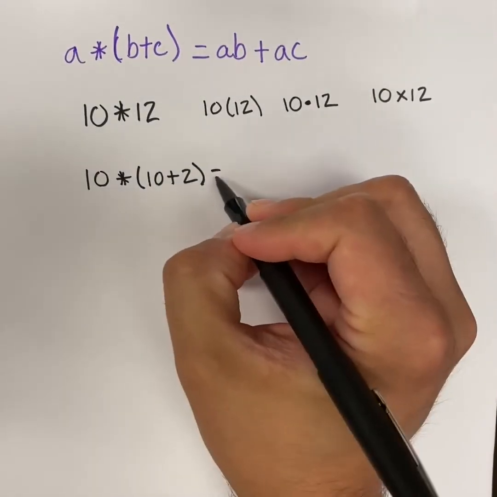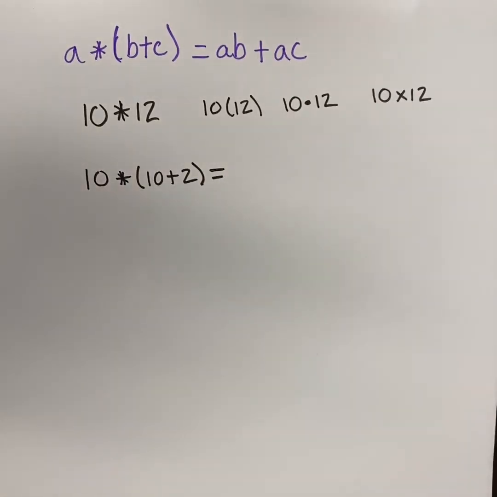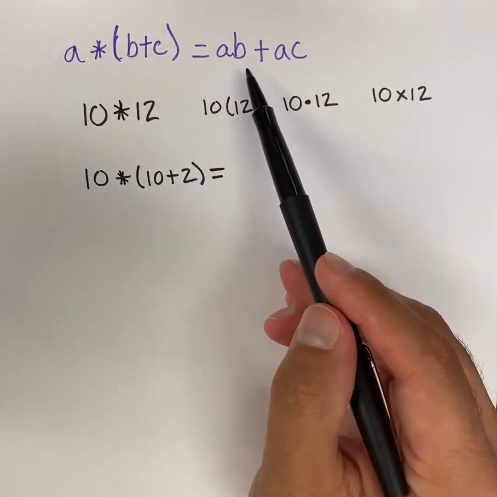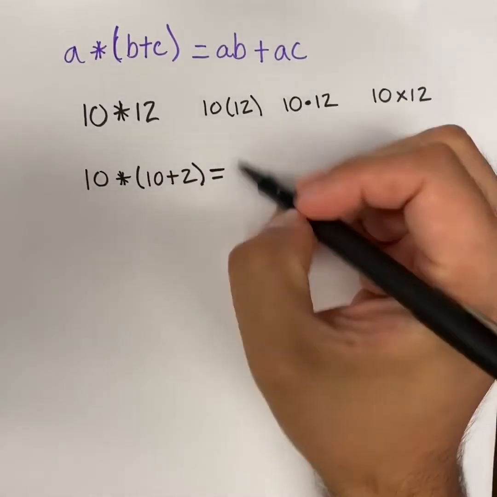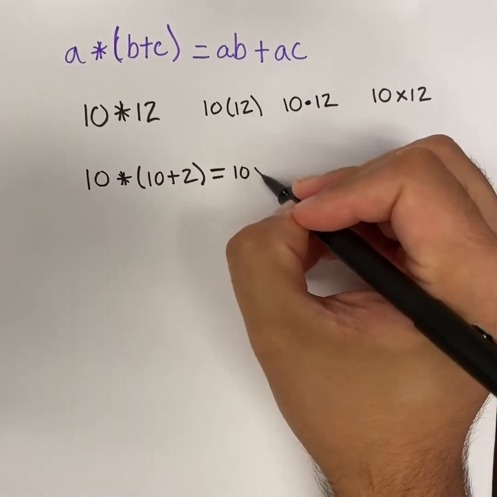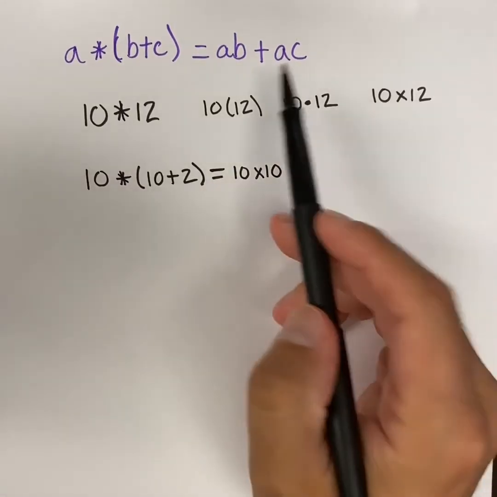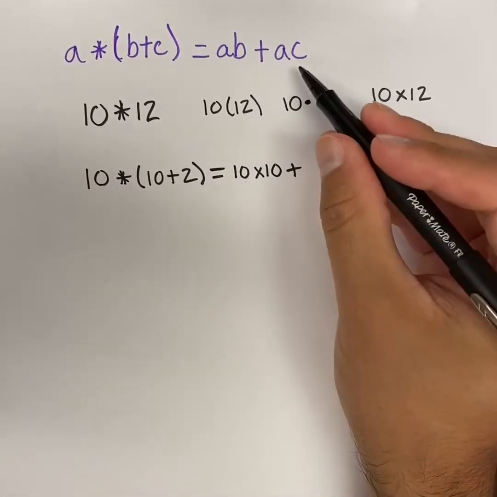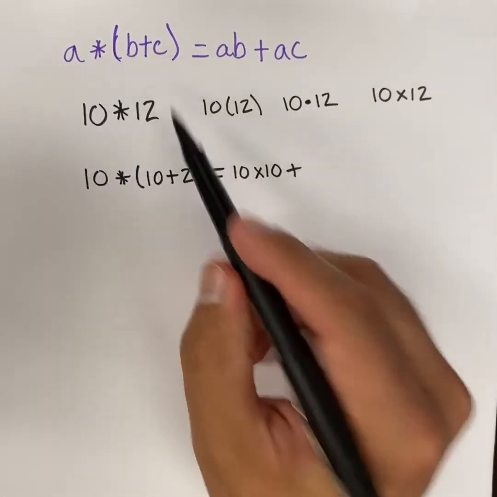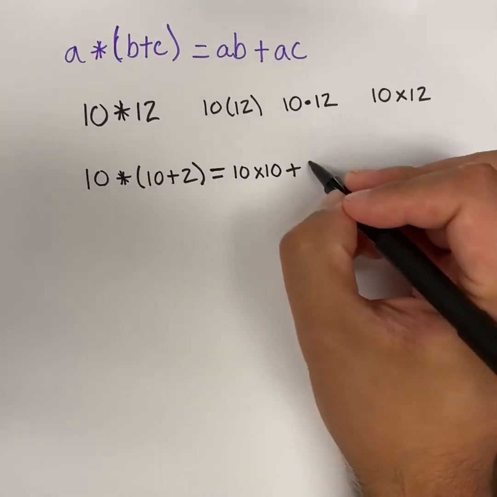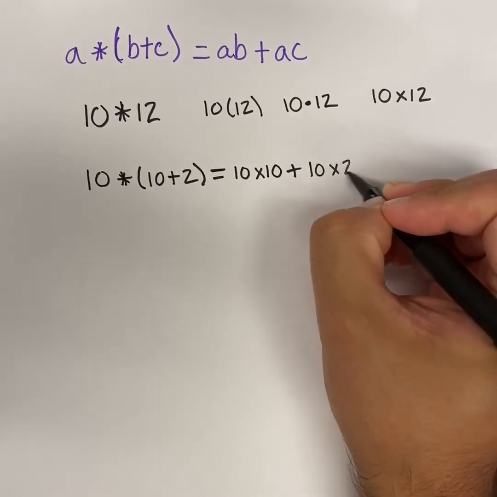This is equal to a times b. Well, a times b would be 10 times 10, plus a times c. Well, a in this case is 10, c in this case is 2, so it'd be 10 times 2.